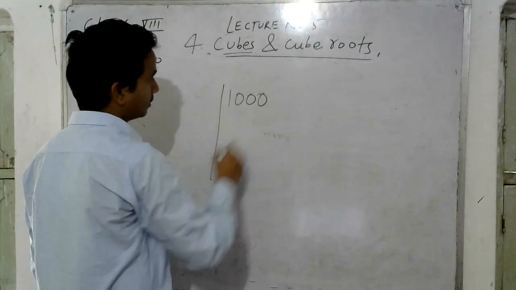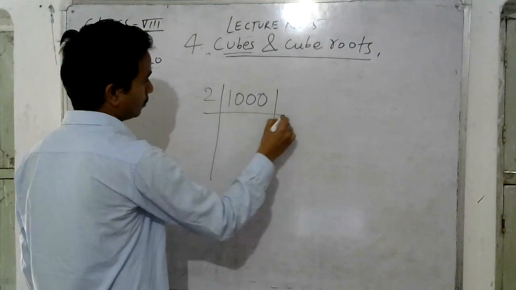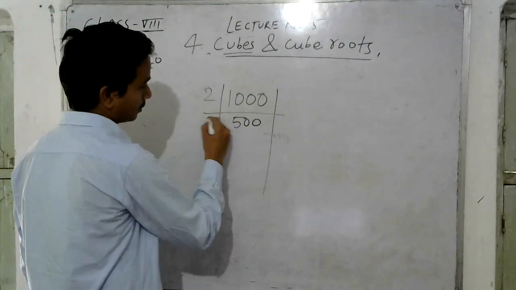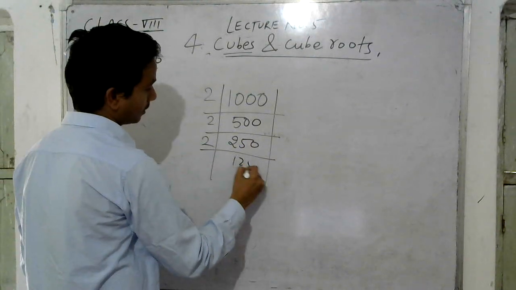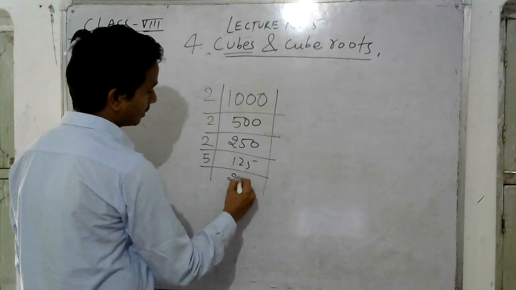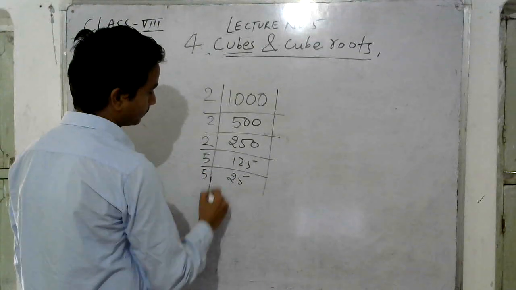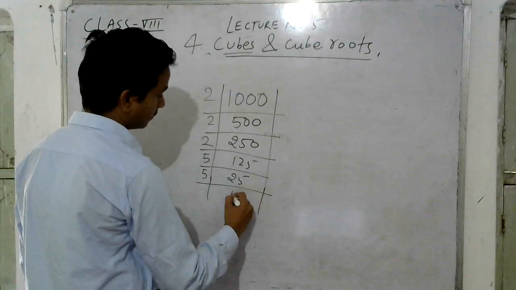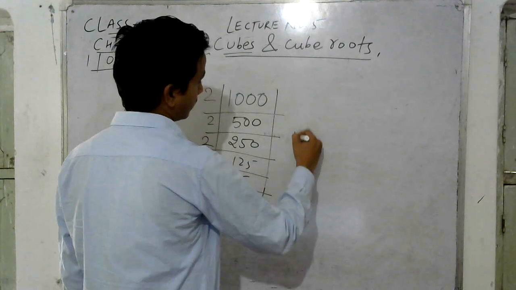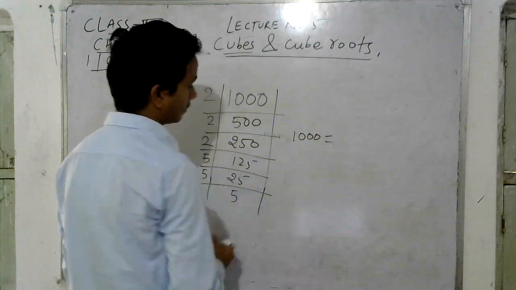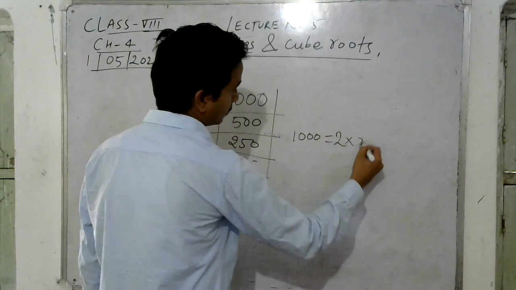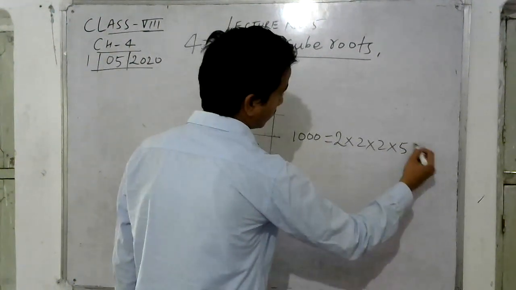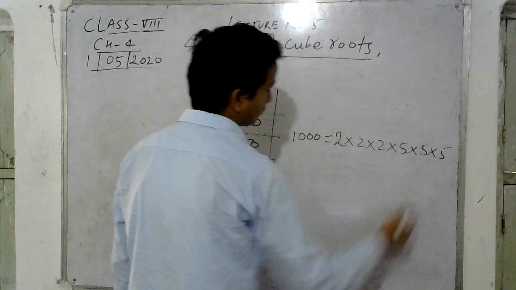First of all, find the prime factors. 2 times 500, 2 times 250, 2 times 125, 5 times 25, again 5 times 5. So I can express 1000 as a product of these prime factors: 2 into 2 into 2 into 5 into 5 into 5.